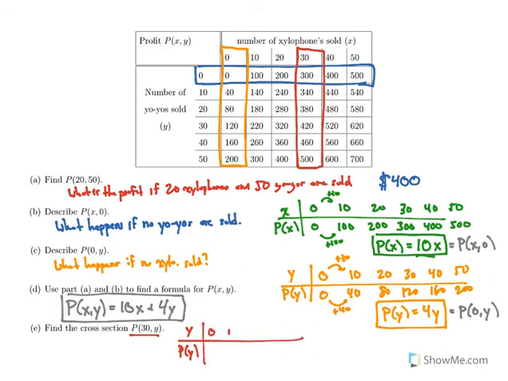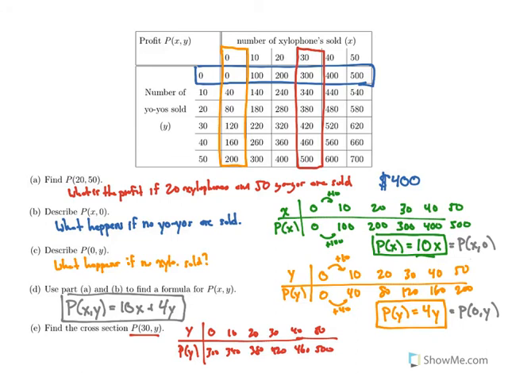We have our 0, 10, 20, 30, 40, 50. And the values would be 300, 340, 380, 420, 460, 500, reading off that column.